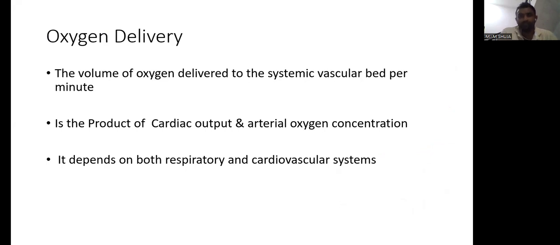Oxygen delivery is the volume of oxygen delivered to the systemic vascular bed per minute.